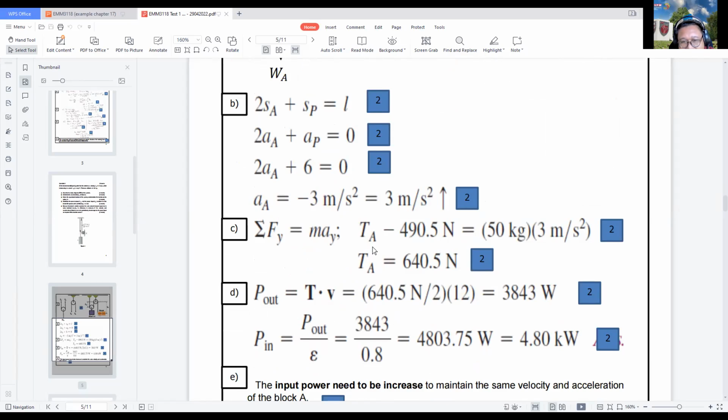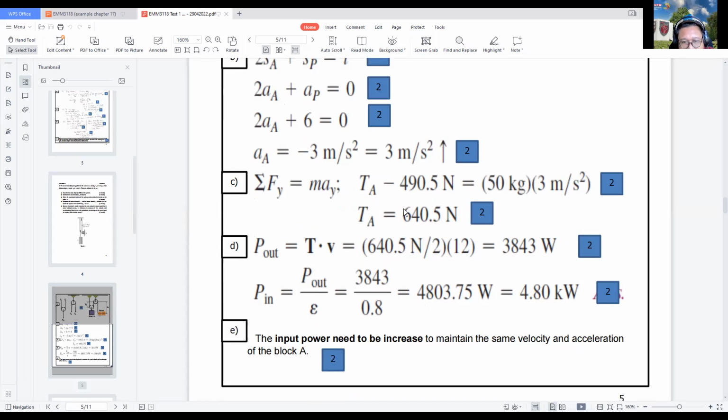When you solve this, TA is actually 320.25. This one I didn't update; I have another set of solutions in hard copy with me. So this answer should be 320.25.